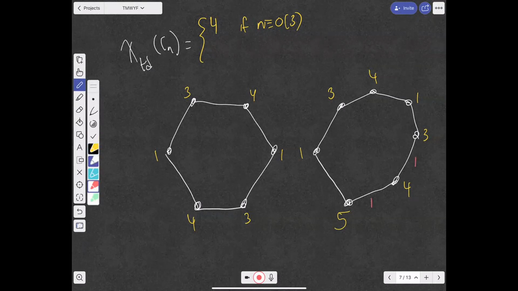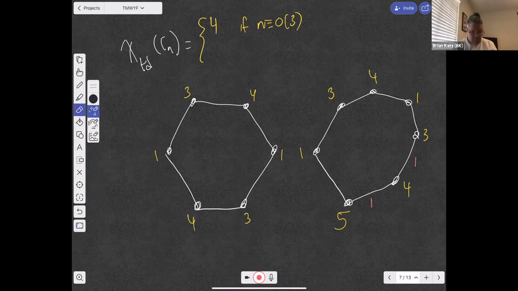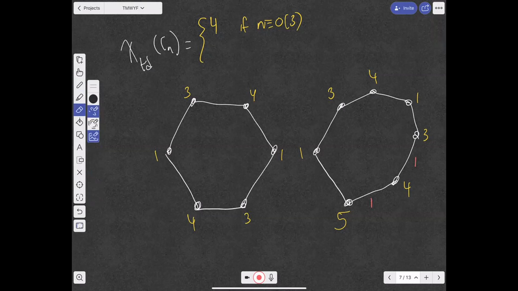Maybe if we just swap those, that would be sufficient. Maybe, maybe not. Could we put the 5 between the 3 and the 4? Yeah, let's try it. So if we put the 5 between the 3 and the 4, the problem here now is that 1, 3, 5 right here.